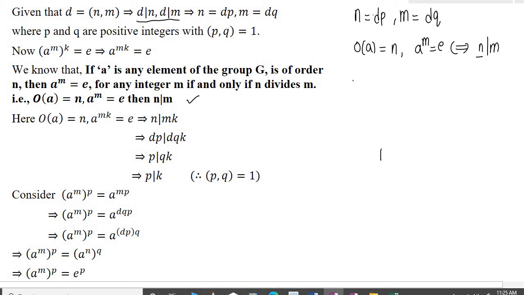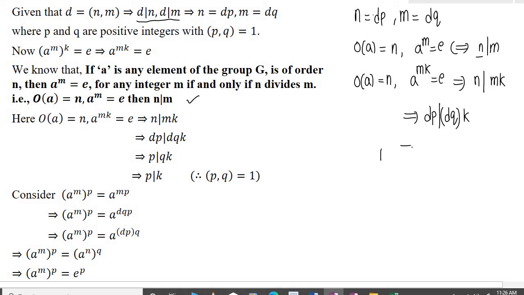The same situation here also: order of A equal to n, A power mk equal to E implies n divides mk, which implies n equal to dP, m equal to dQ into k.